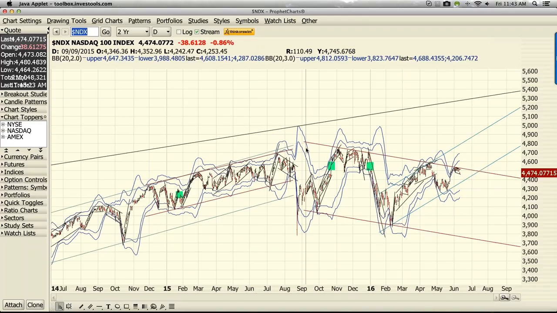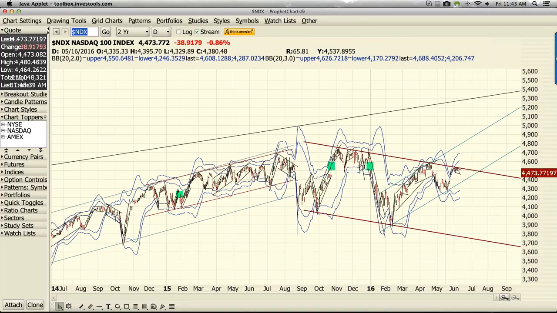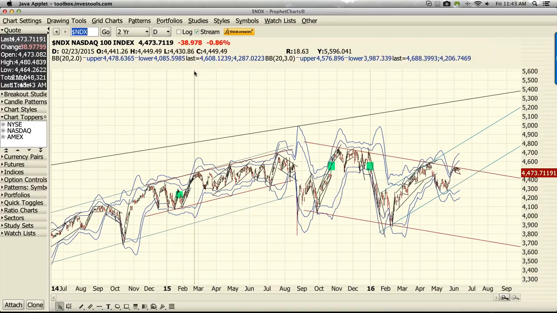This channel's actually been active since early September, if you include the lows. The first definition of this channel was at the end of September, and the first definition of the high, the resistance, was in early November. We've been trading along that declining level of resistance now for several days.